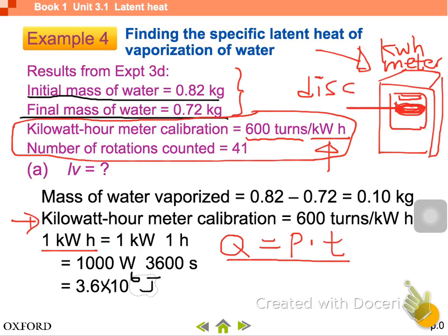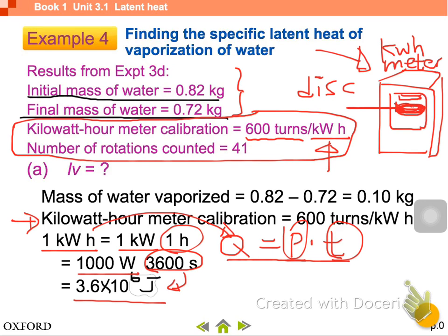So for 1 kilovolt hour, the amount of energy should be equal to 1 kilovolt, that means 1000 volt, operating for 1 hour, which means 3600 seconds. So actually 1 kilovolt hour equals 3.6 times 10 to the power 6 joule.